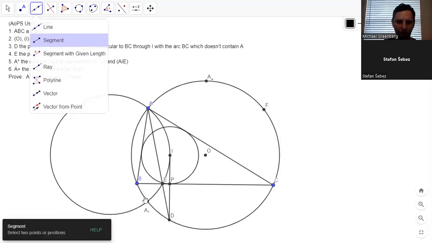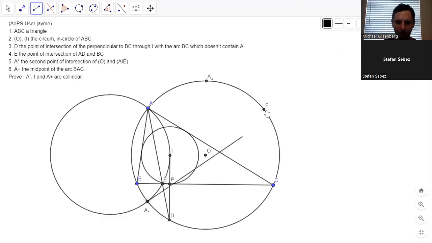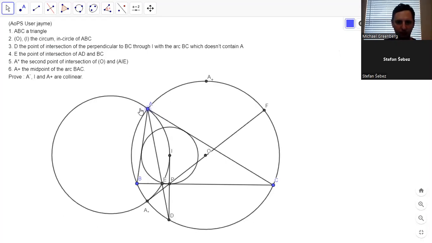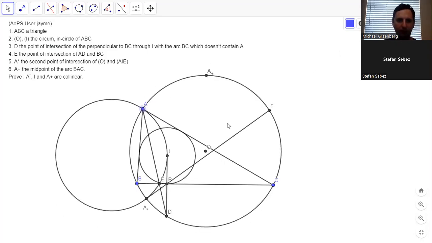Oh, I think that it is sufficient to prove that A star EPD is cyclic. Oh, really? Okay. Interesting. So we want to show that this is a right angle.